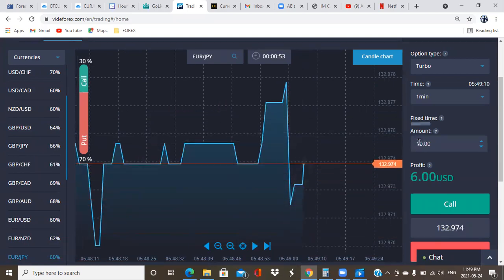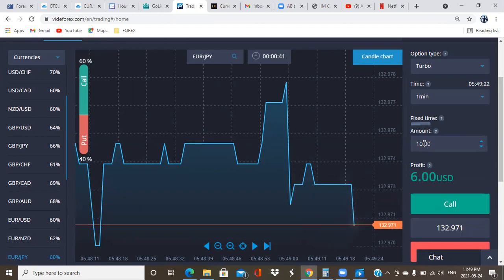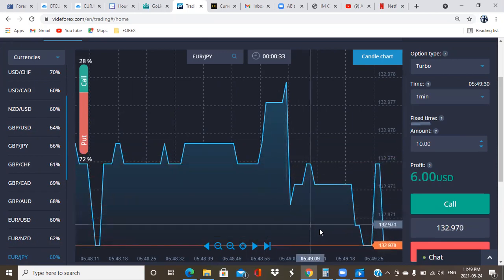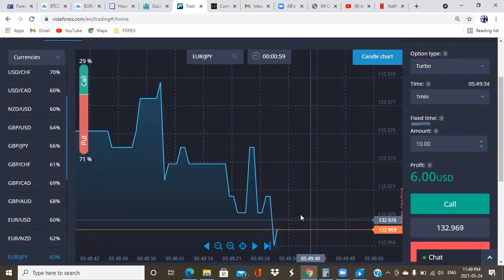And what you want to do is you don't want to risk more than 3% on your account. If you take 3% of your account, let's say maybe you have $500 on your account, 3% is $15. For starters, on your first entry, you want to put 1% of your account so that if the trade goes down some more, you can take a second entry, another 1%.